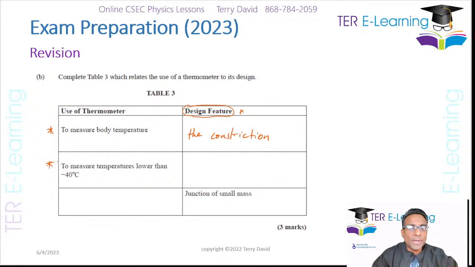The next one here now, right? Design feature. To measure temperatures lower than minus 40 degrees. What design feature you think they're talking about?